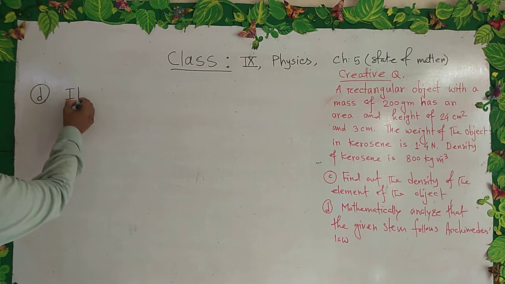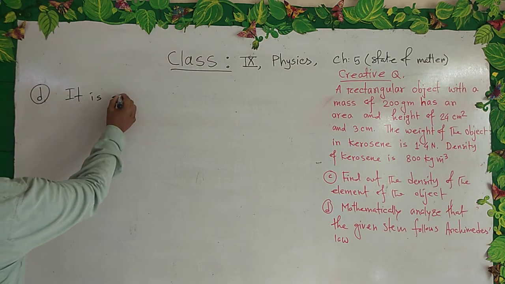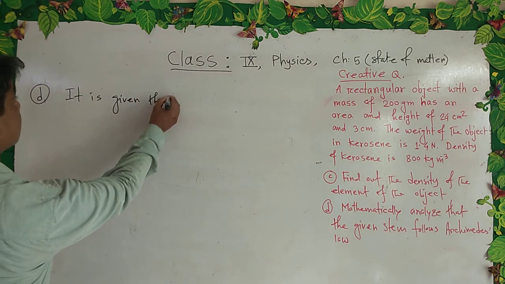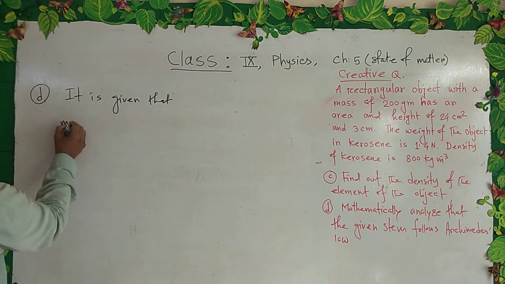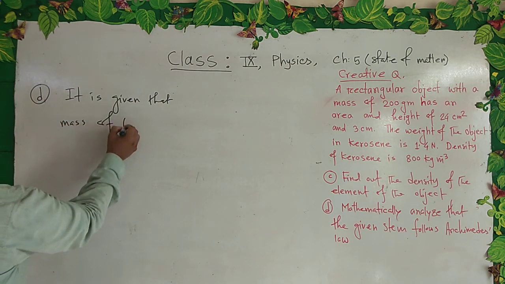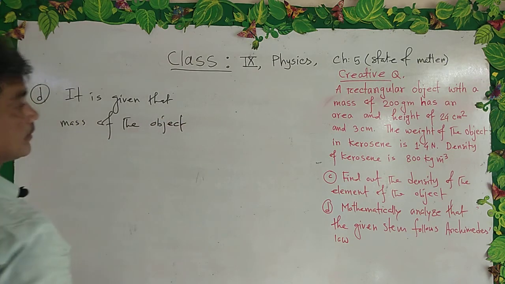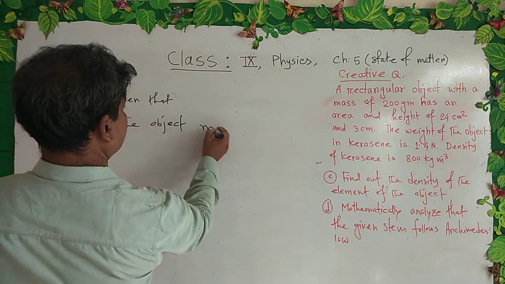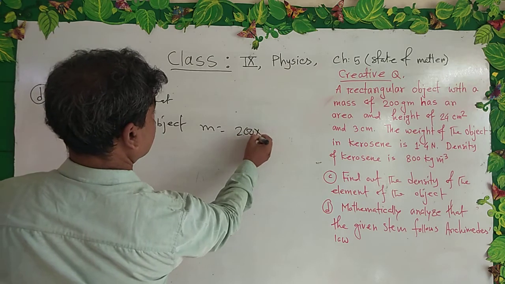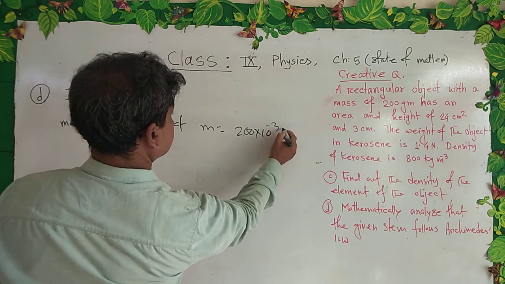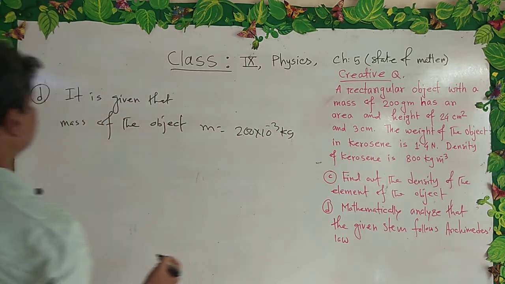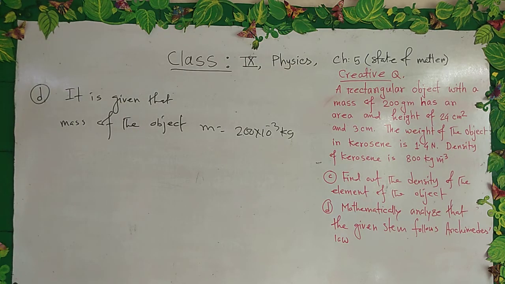It is given that the mass of the object m equals 200 into 10 to the power minus 3 kg. So from this mass we can find out the weight of the mass in air.